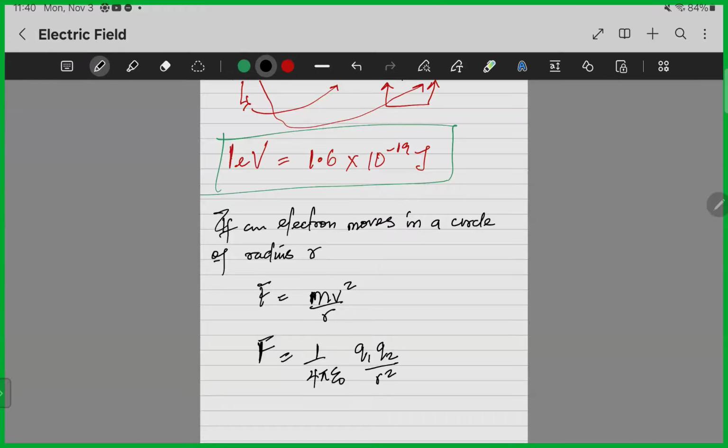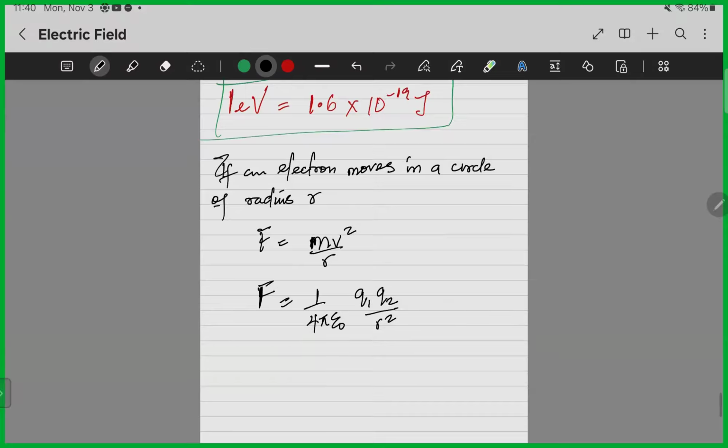Now, the idea here is that when we have just a single electron, this Q1 Q2 thing becomes Q squared.